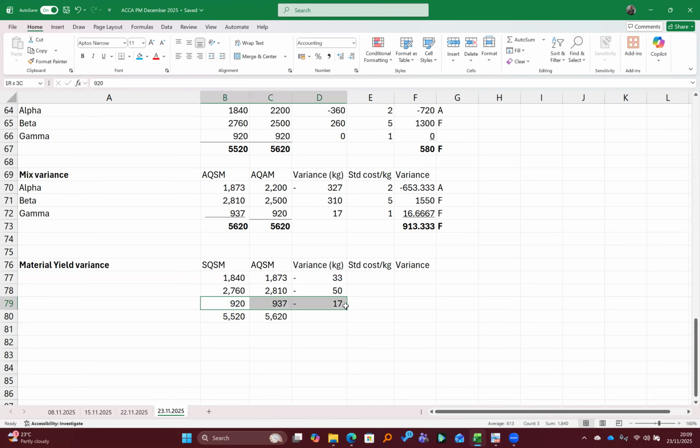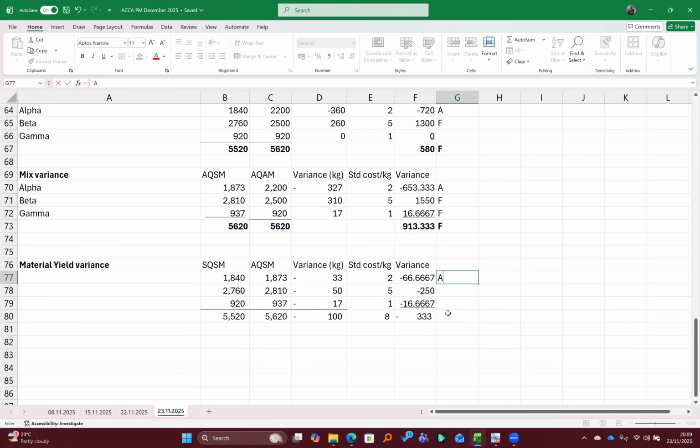So that is what explains our variances being adverse, all of them. And you can see the standard cost here. We can just copy it this side, and then the variance. So you can see that this is adverse, this is adverse, this is also adverse. Even the total is adverse.